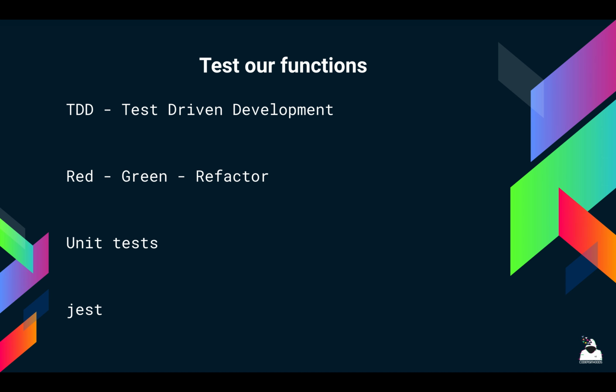So if we run npm test now, it just says error, no test specified, because that's the default behavior here. We can just run jest to run jest, and it will look for all of our test files.